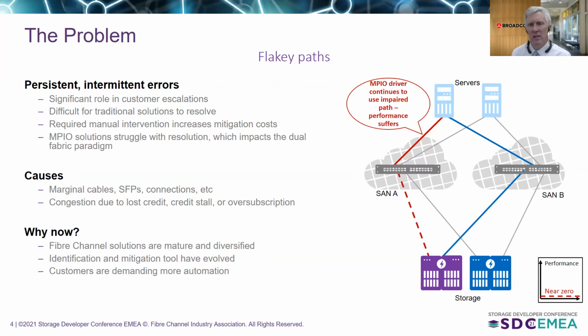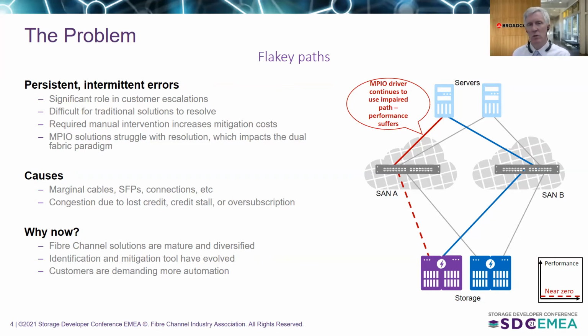So why has this particular problem now become much more significant in Fibre Channel environments? Largely, what we're finding is that the solutions have become quite mature, quite diversified. That is, we have several different speed iterations that are available in Fibre Channel fabrics, and fabrics have become much, much larger.